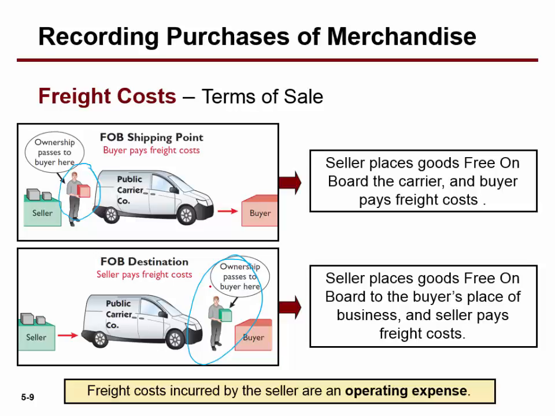The seller arranged for that, and at the end of the year, 12/31, those goods don't arrive until January. The seller leaves those items in their inventory even though they don't have them on their premises anymore. By December 31st, they're sitting in Fresno still. They haven't gotten to Fremont yet.